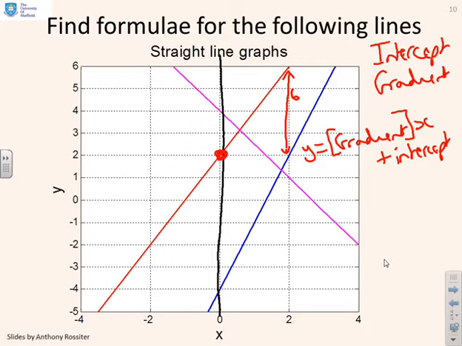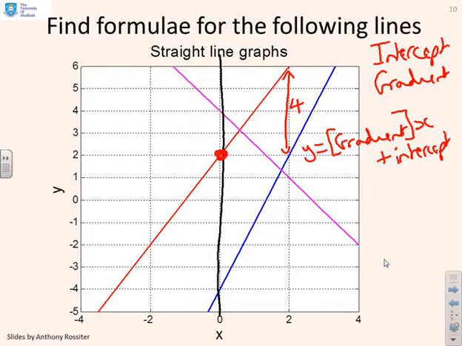Sorry, it's gone up by 6, mark it carefully, and it's gone along by 2. So the gradient, 6 over 2, is, sorry, I've got to be careful there, and this is what happens. It's actually gone up by 4.